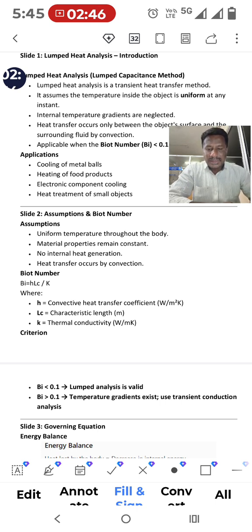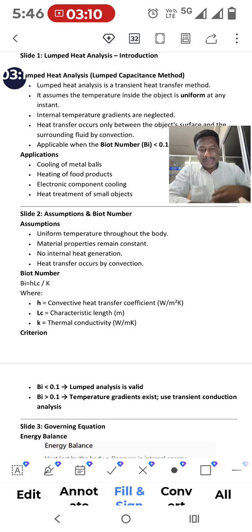The process in which the internal resistance is assumed negligible is called lumped heat analysis, or Newtonian heating or cooling process. In a Newtonian heating or cooling process, the temperature is uniform at a given time. Such analysis is called lumped parameter analysis.